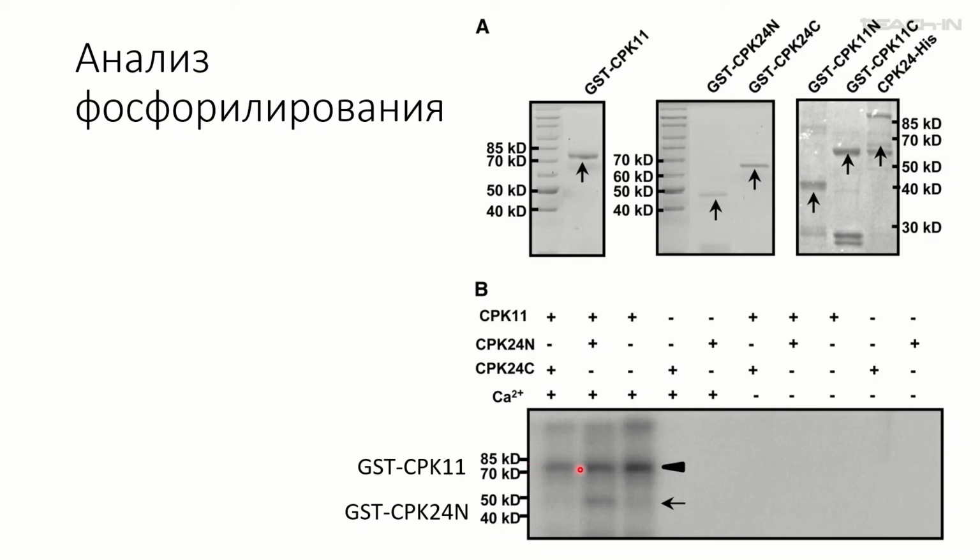Также мы видим, что когда добавляется N-концевой участок CPK24, он также фосфорилируется. Соответственно, мы делаем вывод, что CPK11 фосфорилирует сама себя, а после этого, видимо, фосфорилирует N-концевой фрагмент CPK24. В присутствии кальция, обязательно в присутствии кальция.